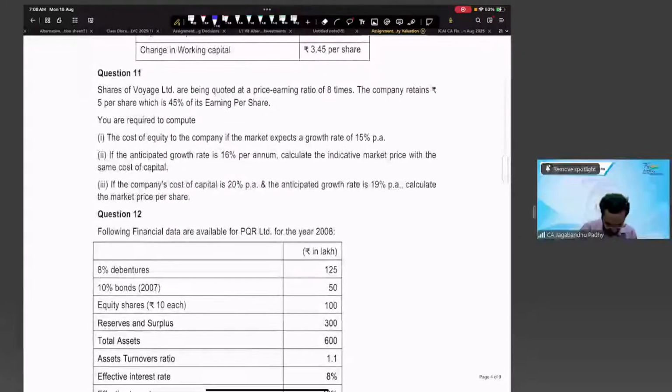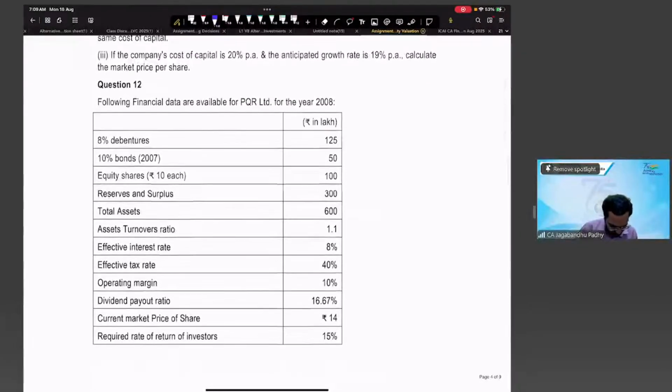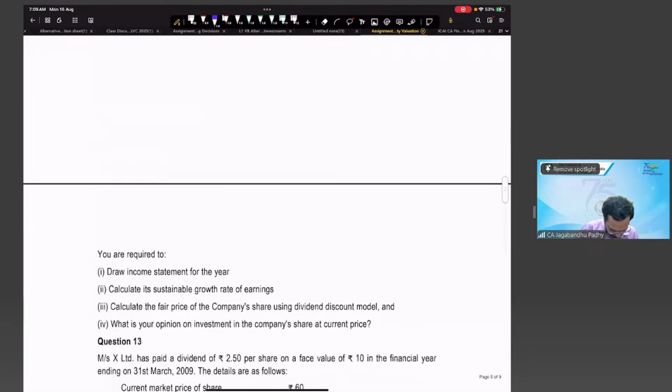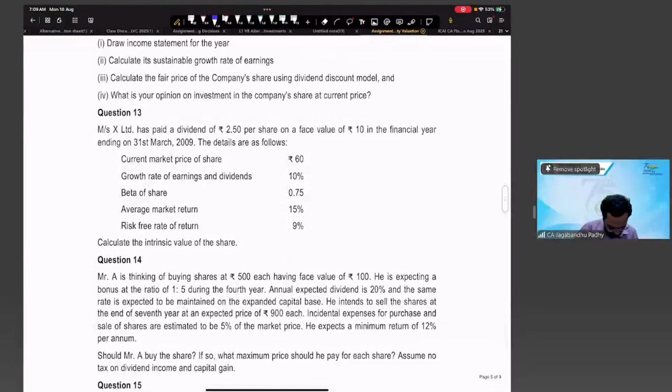This is per share is given. I don't know, this is asset turnover. Sustainable growth.